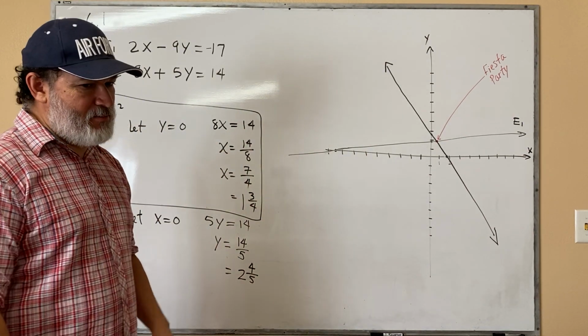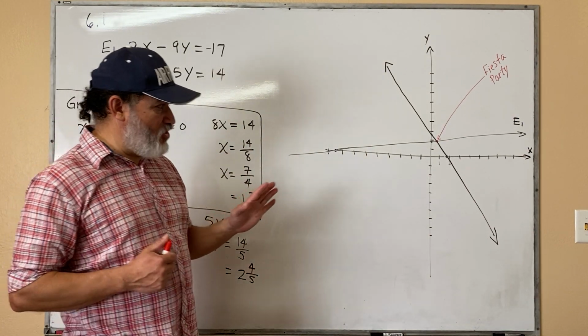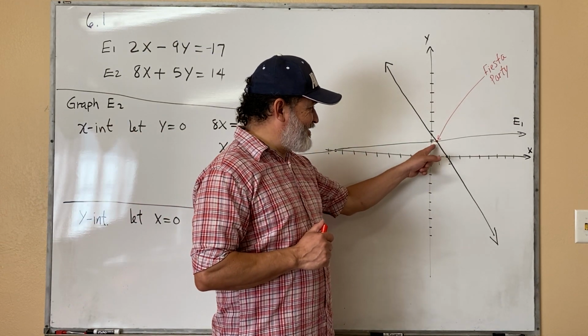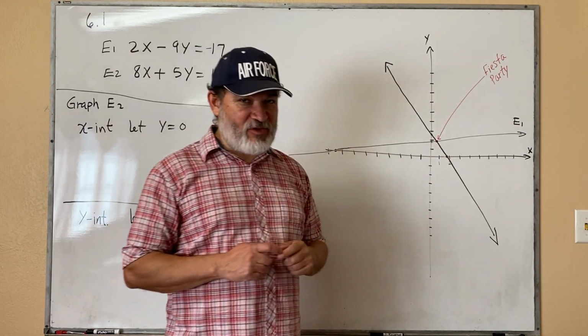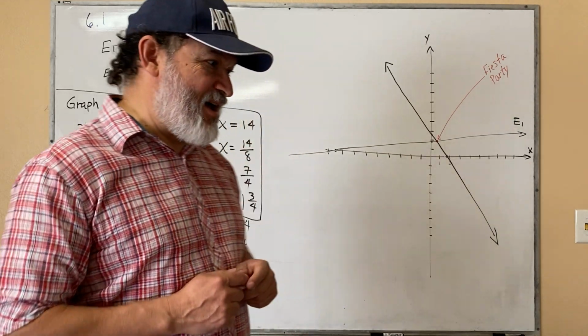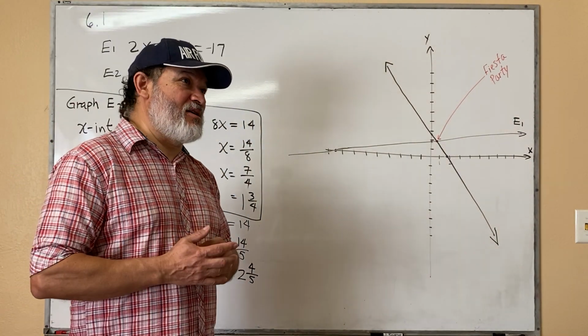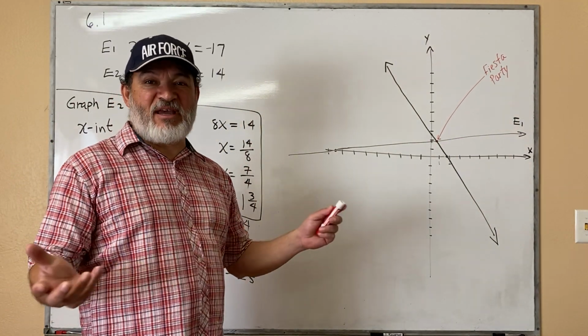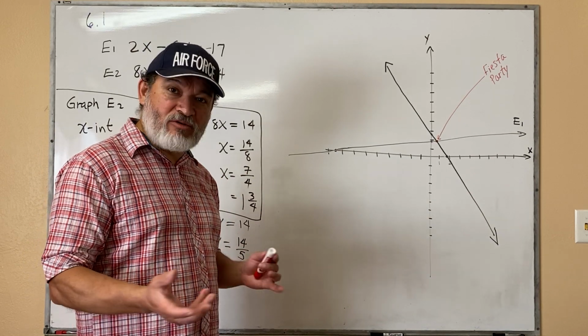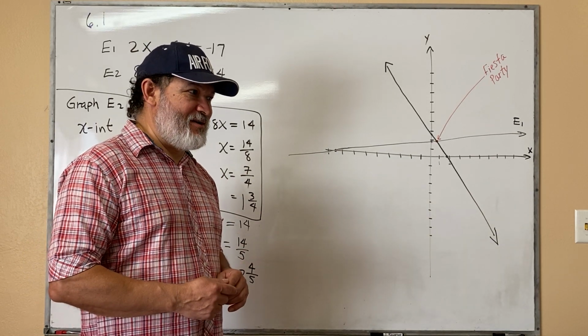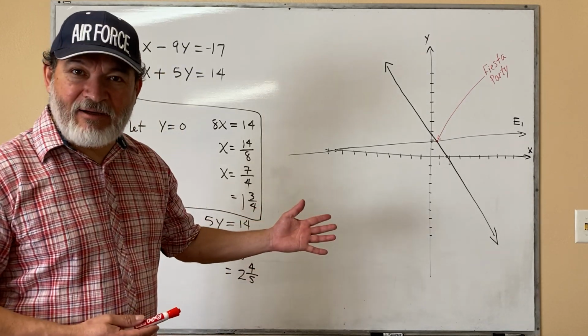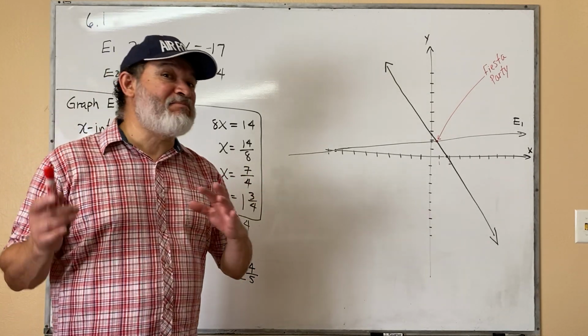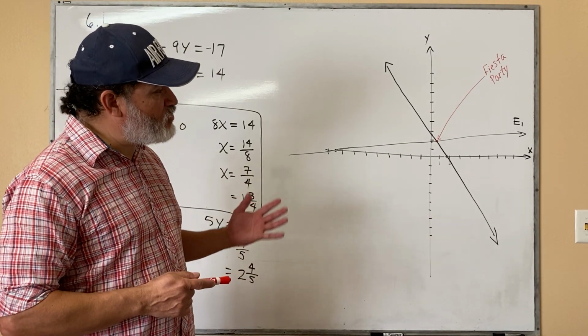You can find the address to the party by graphing. But if you notice, this is like finding an address without a GPS, without a phone. You're just guessing. Not the best way to find an address to a party.